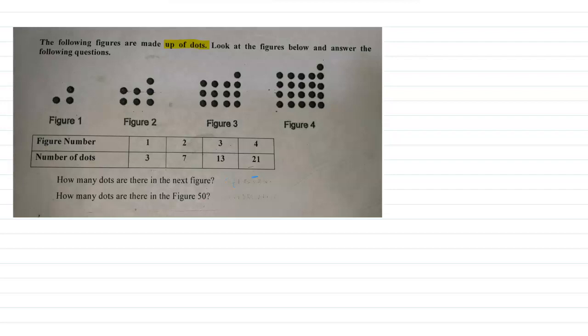How many dots will be there in the next figure, and how many dots are there in the 50th figure? Okay, so now let's try to observe the dots and see if there is something which you can separate out. Let's see.